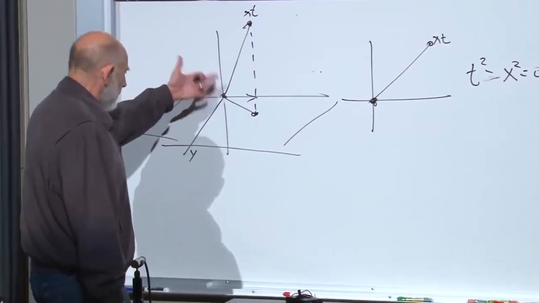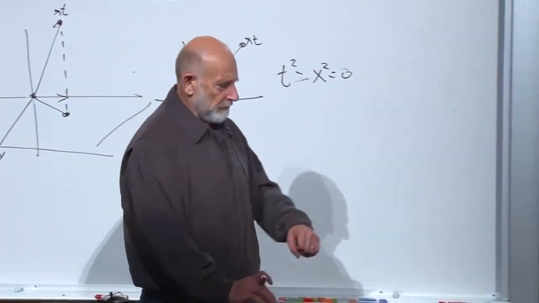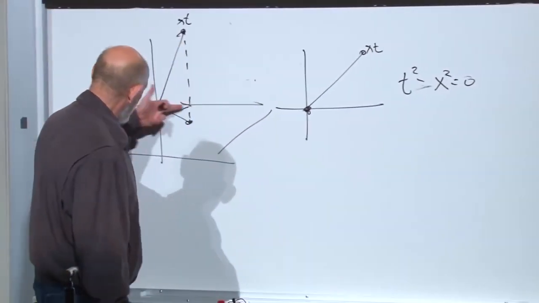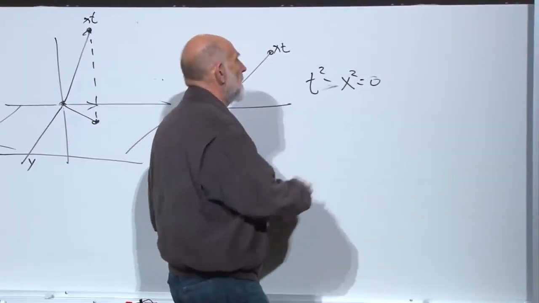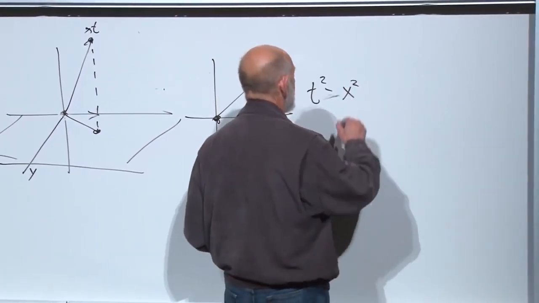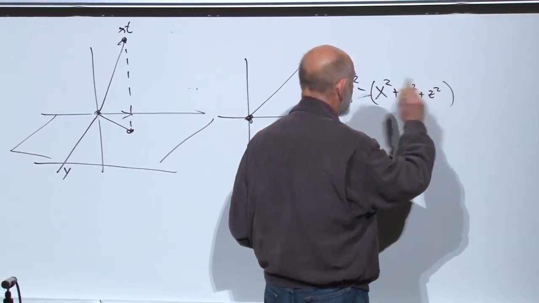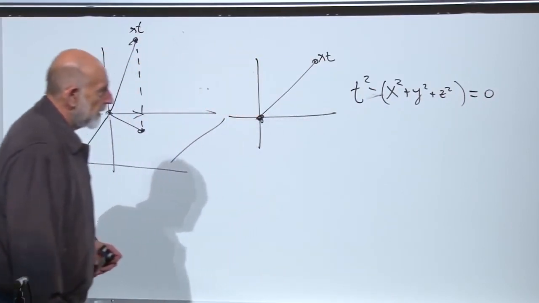Now, if we introduce the additional coordinates y squared and z squared, then what was originally x squared, the square of the distance that the light beam traveled along the x-axis, will obviously become x squared plus y squared plus z squared, and that will be equal to 0 for a light ray.